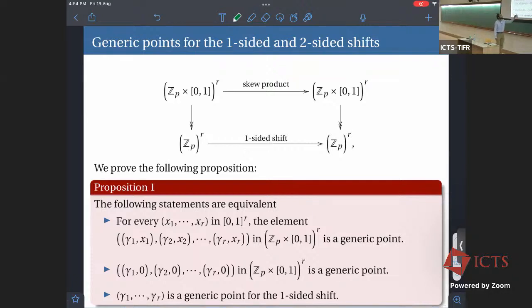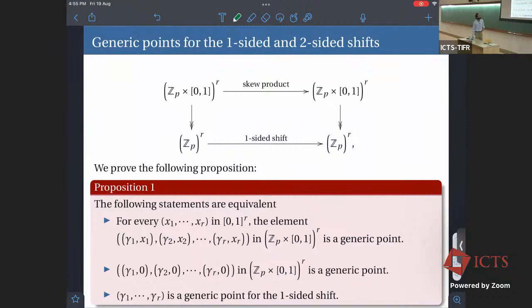So I've just chosen it to be 0. So this first statement: for every x1 up to xr, this complicated R-tuple is a generic point if and only if, for a specific point 0, 0, 0, 0, 0, I can choose anything in [0,1] to the R, I'm just choosing 0, 0, 0, 0, 0, this one point is a generic point.